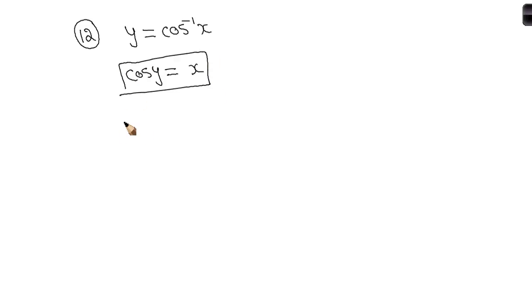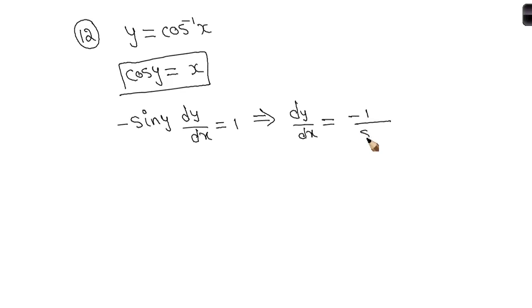Now differentiate this with respect to x, then I get cos y derivative is minus sin y into dy by dx is equal to derivative of x is 1. It implies dy by dx is minus 1 upon sin y, or that is same as minus cosecant y.